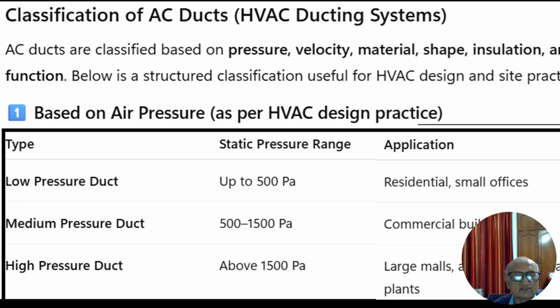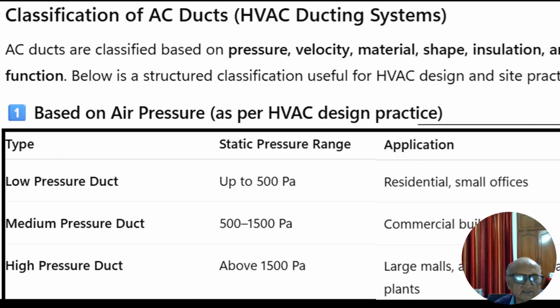Let me tell you that in case of building designs, we are concerned with only low pressure ducts, which are working on a static pressure range up to 500 Pascal, and these are used in residential and small offices.